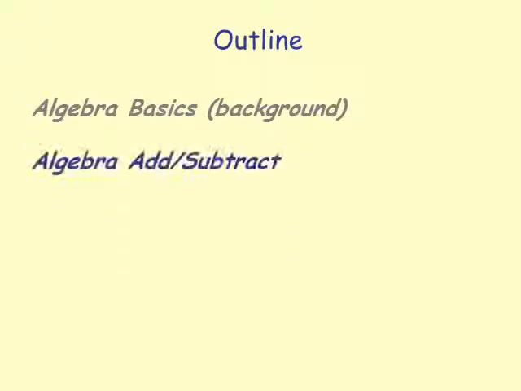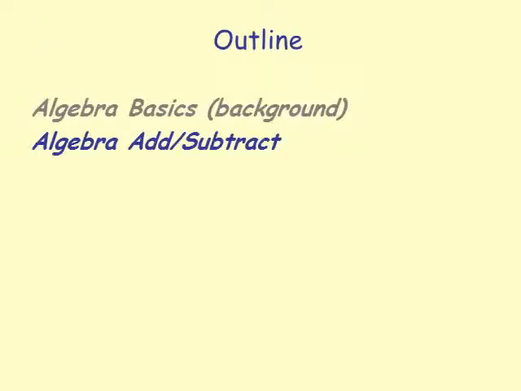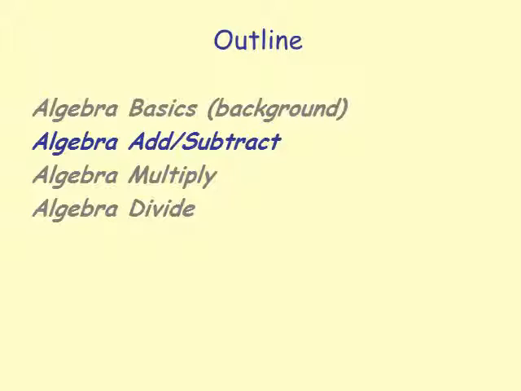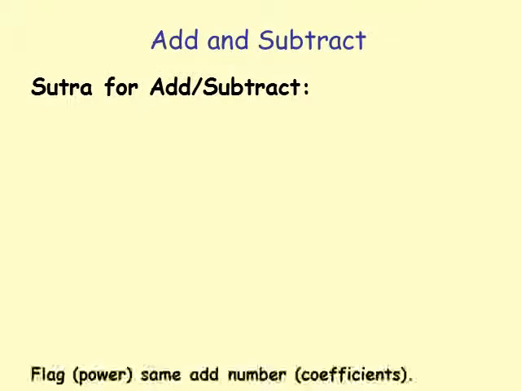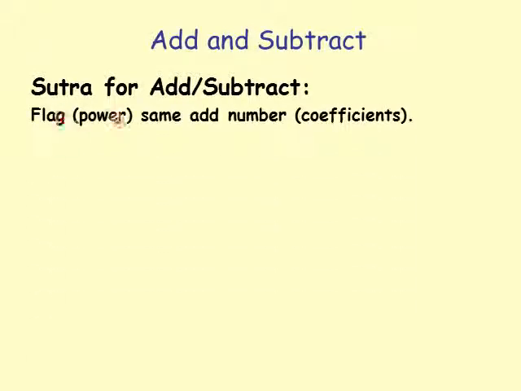Let's continue. Now we are on the add and subtract section. The sutras for add and subtract: if the flag power is the same, we can add the numbers, which are coefficients.